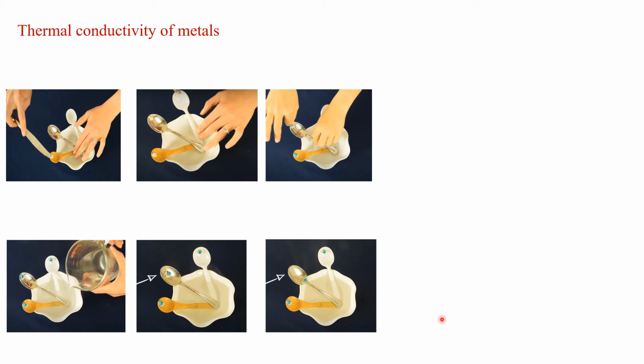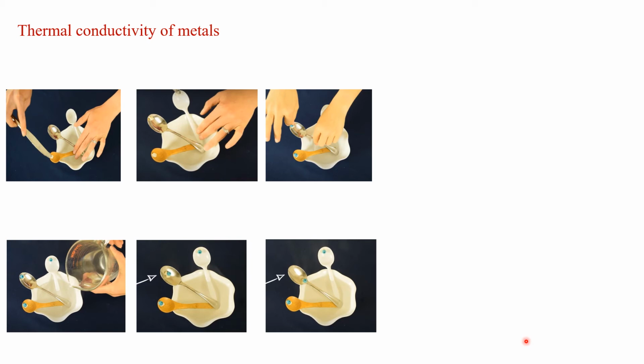Okay, and the other two spoons, look at these two spoons. The bead stayed at the top of the spoons that were made of wood and plastic. This is because metals are good conductors of heat.